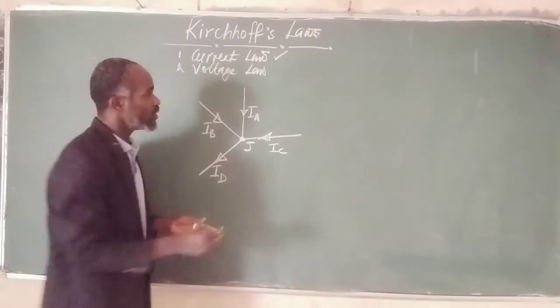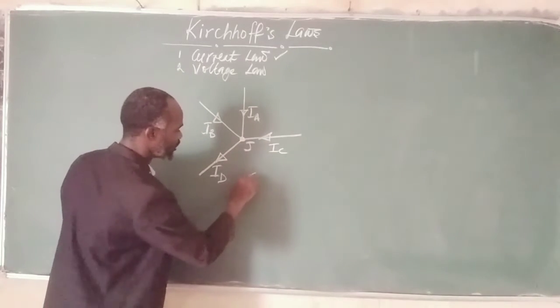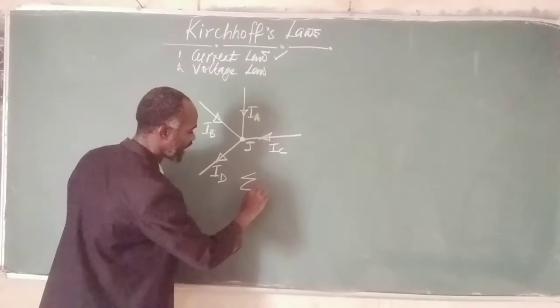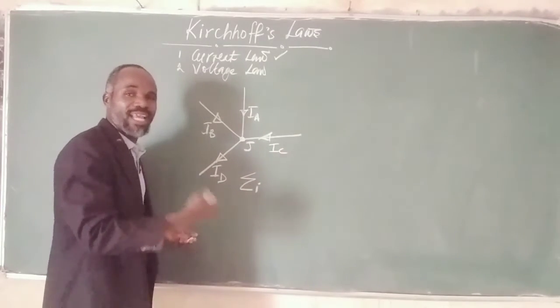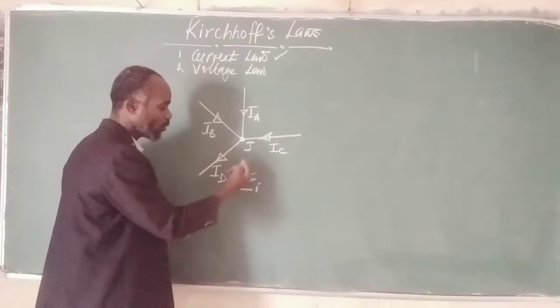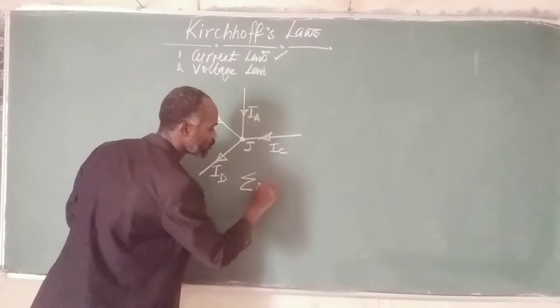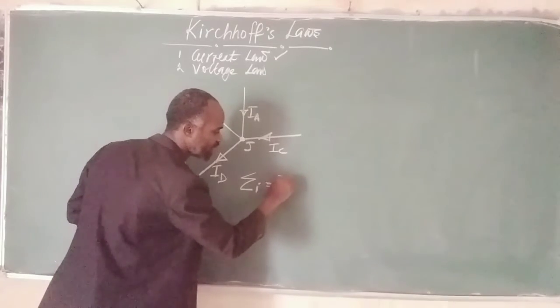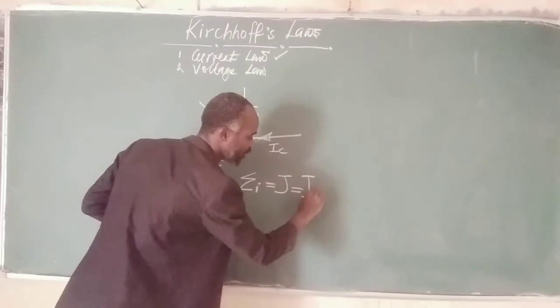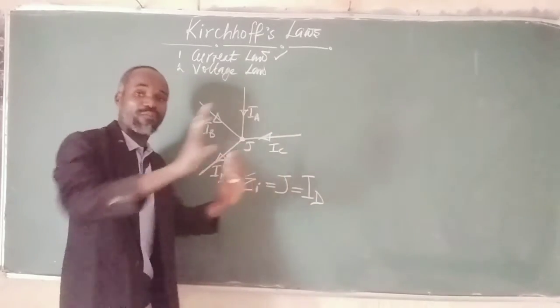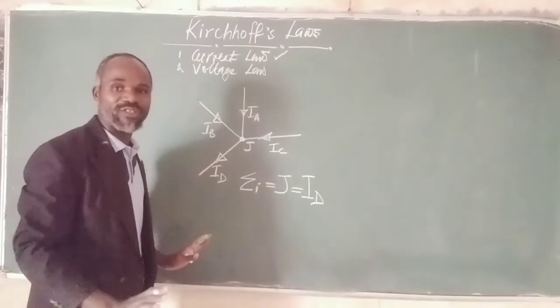That's what it says. So if we represent the algebraic sum of the currents as I, flowing as this, it is equal to the total current moving into the joint J, and J is also equal to ID, which is the current moving away from the joint. So that's what Kirchhoff is all about.